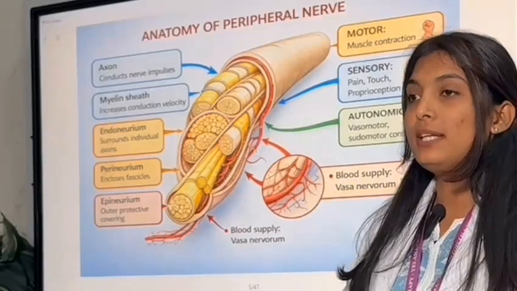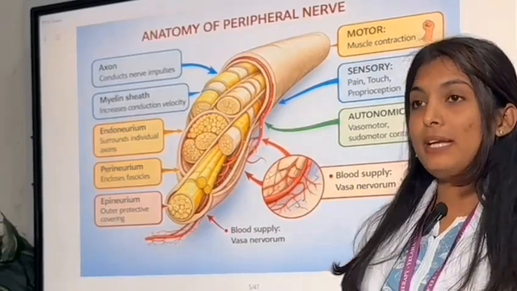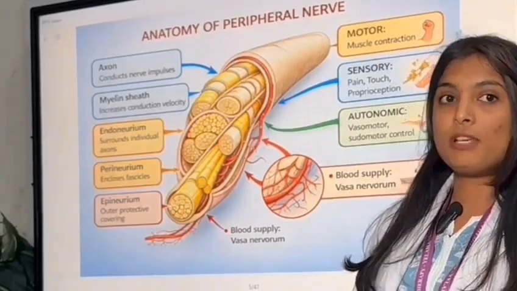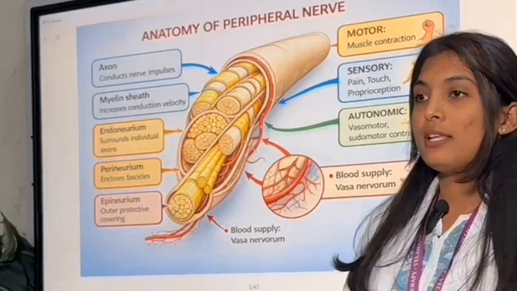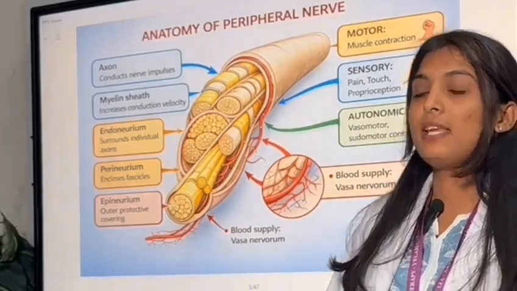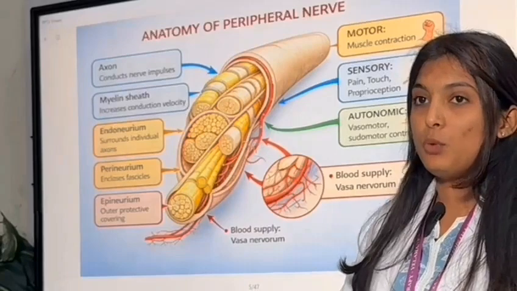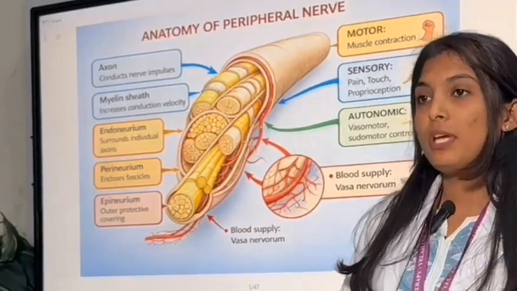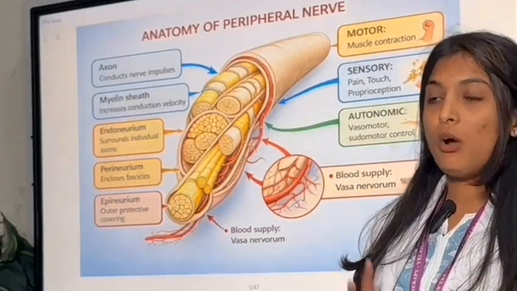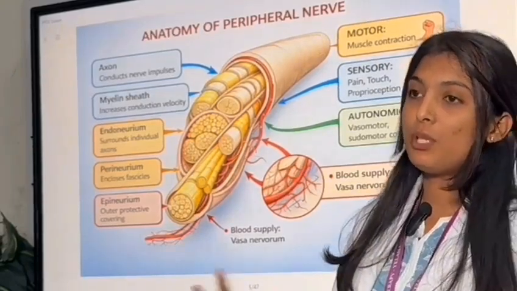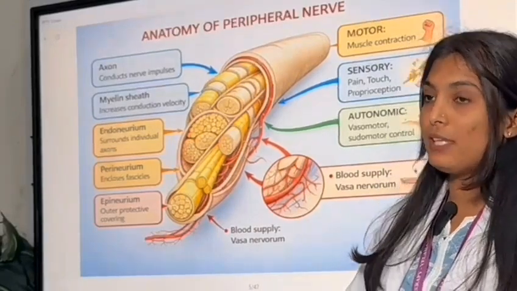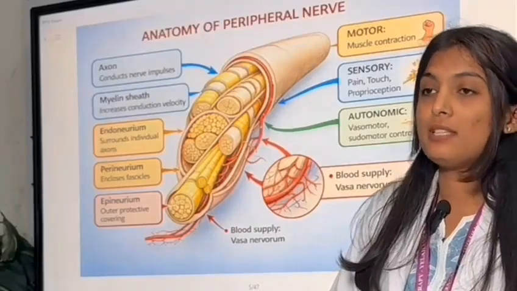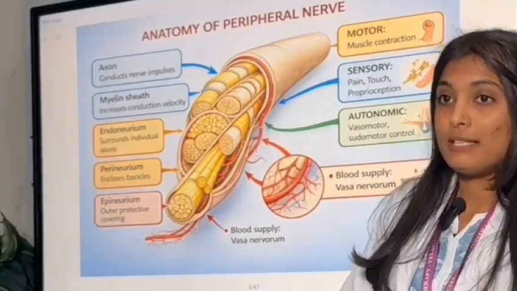Vasomotor control is the ability to control the blood vessels, that is to maintain skin temperature through vasoconstriction and vasodilation. Whenever the peripheral nerves get injured, there will be skin color changes, that is the skin can become red, pale or bluish. For example, the palm may be cold after a median nerve injury because the autonomic fibers carried through the peripheral nerve get damaged, and there is lack of vasomotor control, because of which there is autonomic dysfunction.